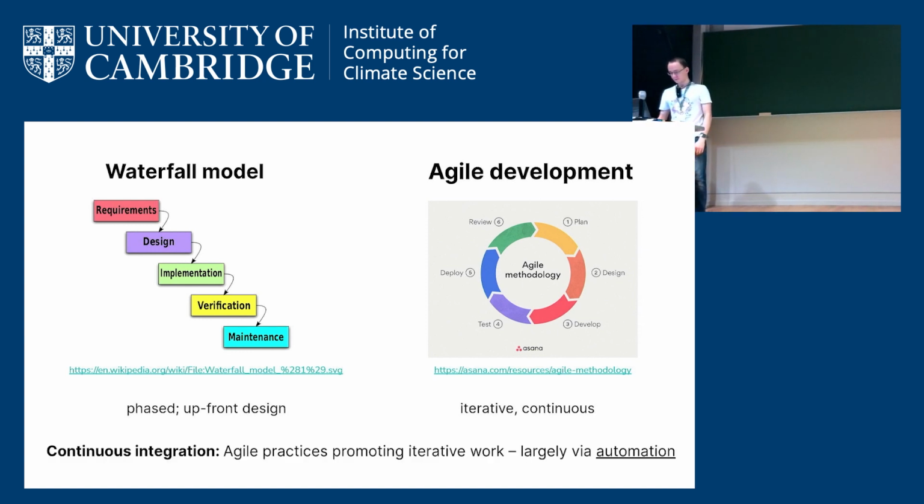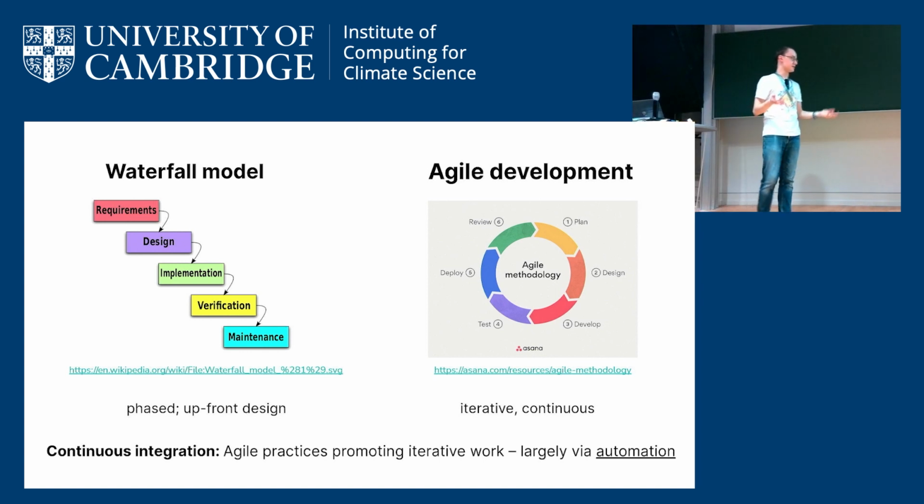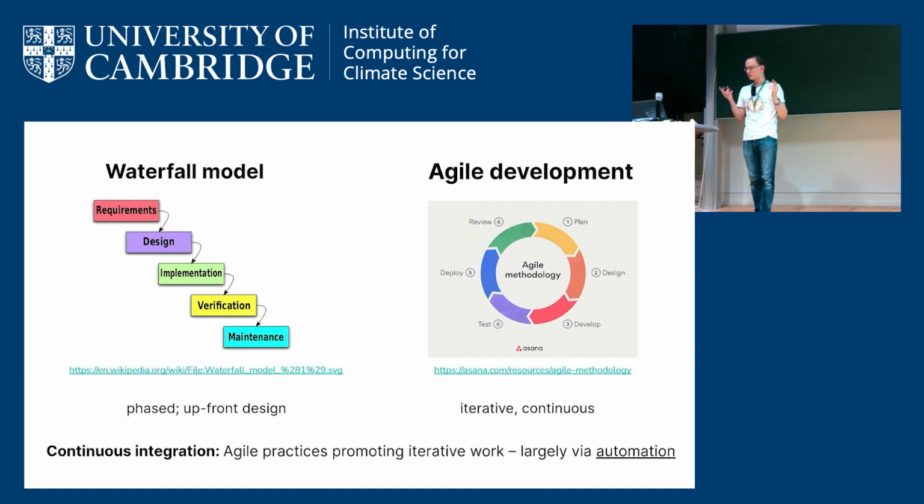So, where does continuous integration, CI, fit in? CI, to me, is practices that enable agile development. And largely, when people talk about CI, they're mostly talking about the automation side of it. So having stuff that automatically happens whenever you do something interesting to your project.